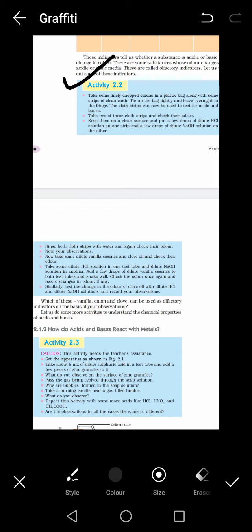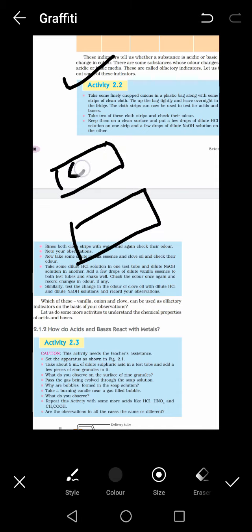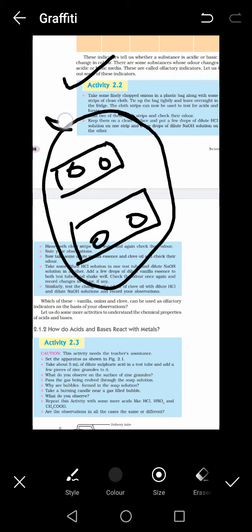Okay, firstly take two clean strips of cloth and place some chopped onion and pack it in a plastic bag tightly, freezing it overnight.